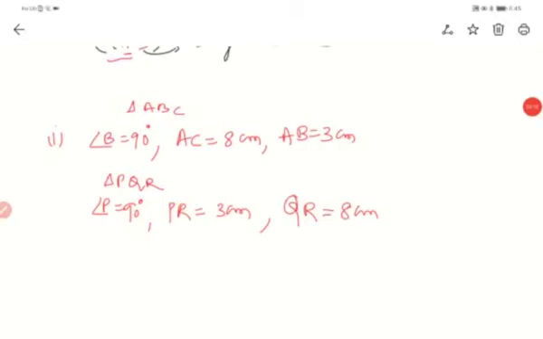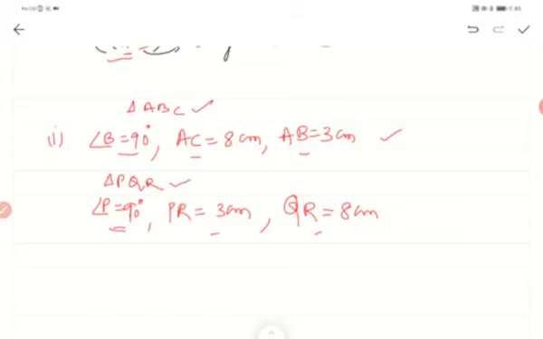So the one problem I've taken: these are the measurements given for two triangles. Two sides and one angle are given for triangle ABC, and similarly for triangle PQR, one angle that is 90 degrees is given and two sides are given.